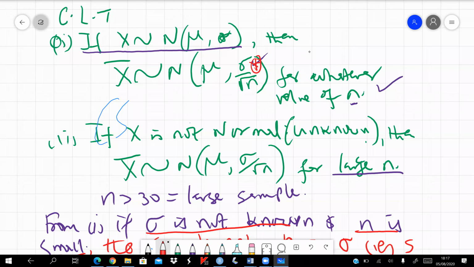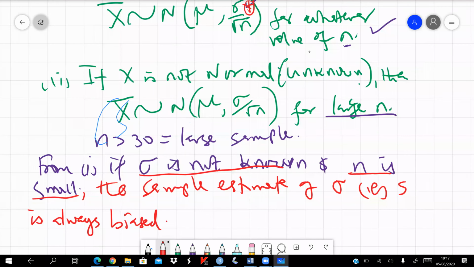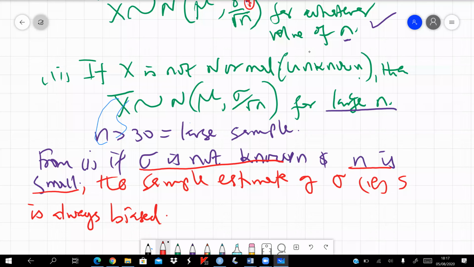If the population standard deviation is not known and you have a small sample, then the estimate of standard deviation from the sample will be biased, okay? And biasedness here means that it will always be smaller than the true value.